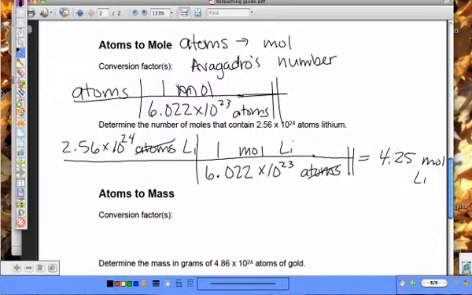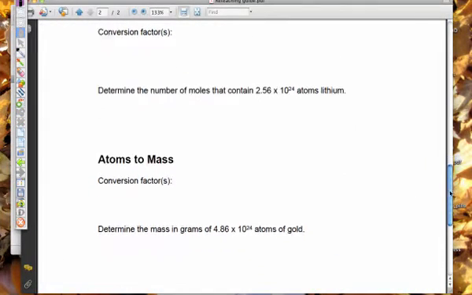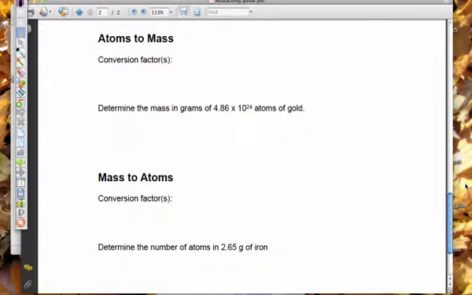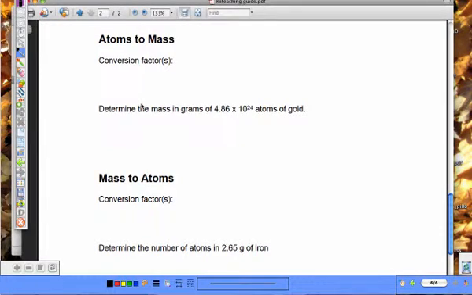Okay, next one is atoms to mass. Can we go straight from atoms to mass? No. Right, this one we have to go, because we can only go atoms to what? Moles.